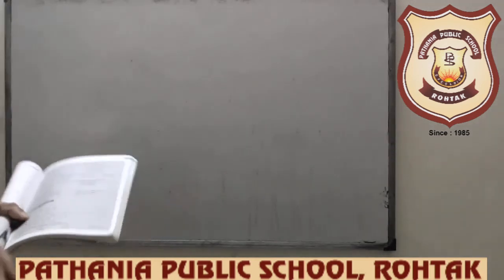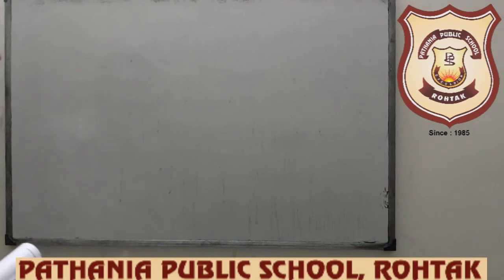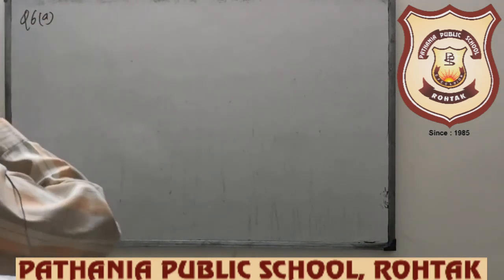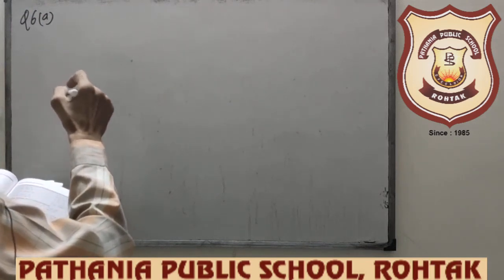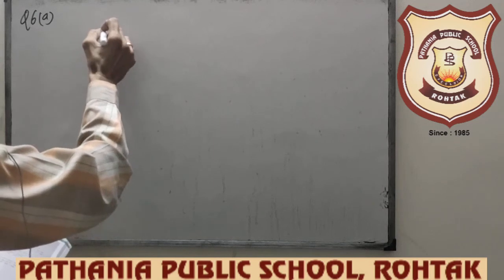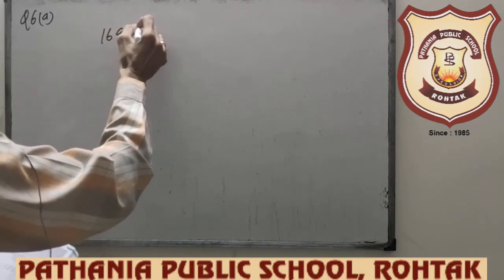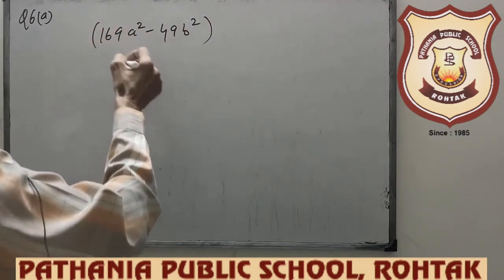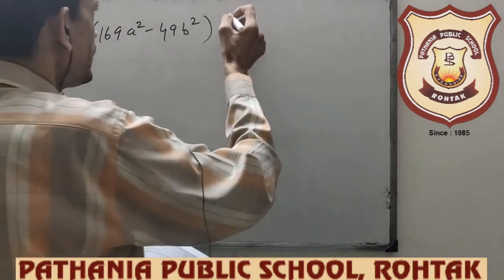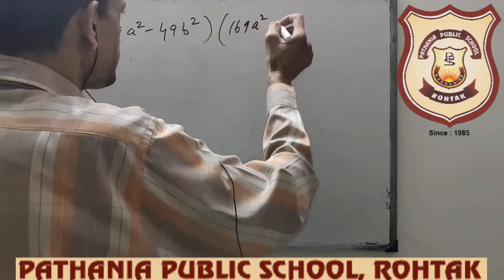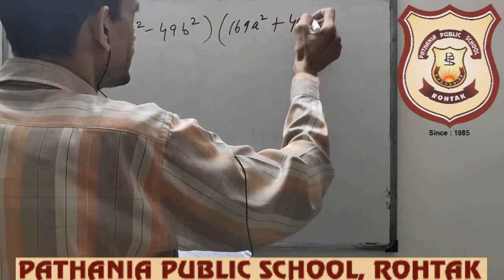Use of a different identity. Question number 6, look beta, part A I want to tell you. There is (169a square minus 49b square) multiplied by (169a square plus 49b square).